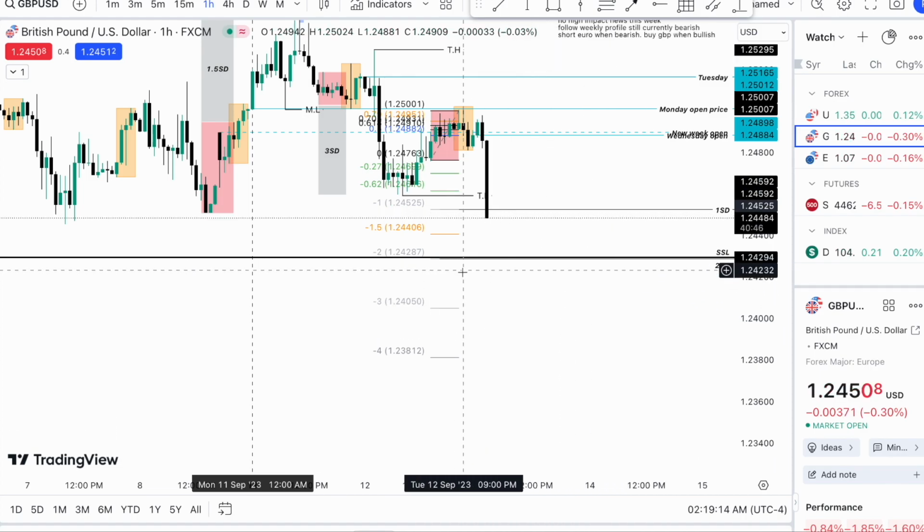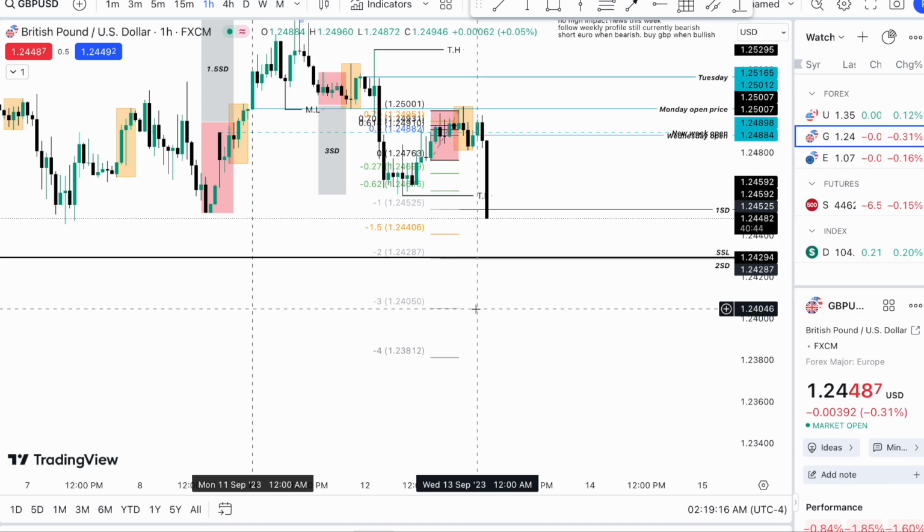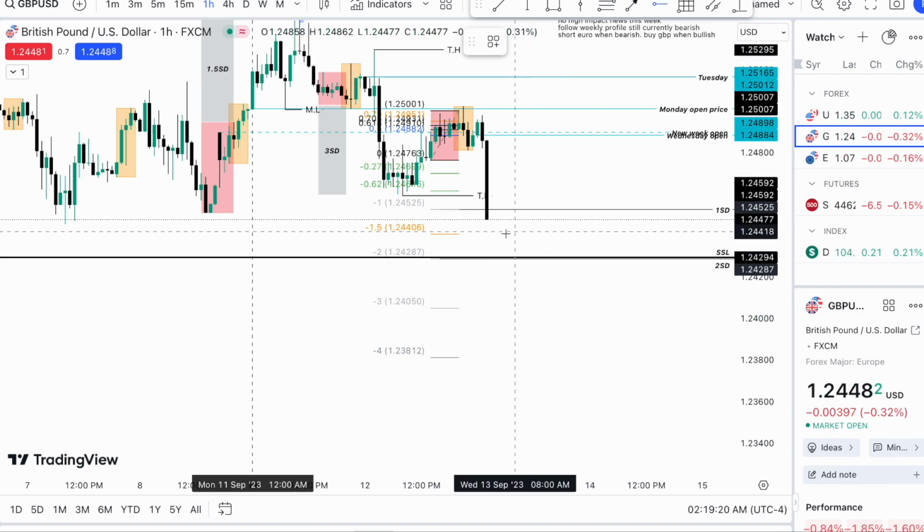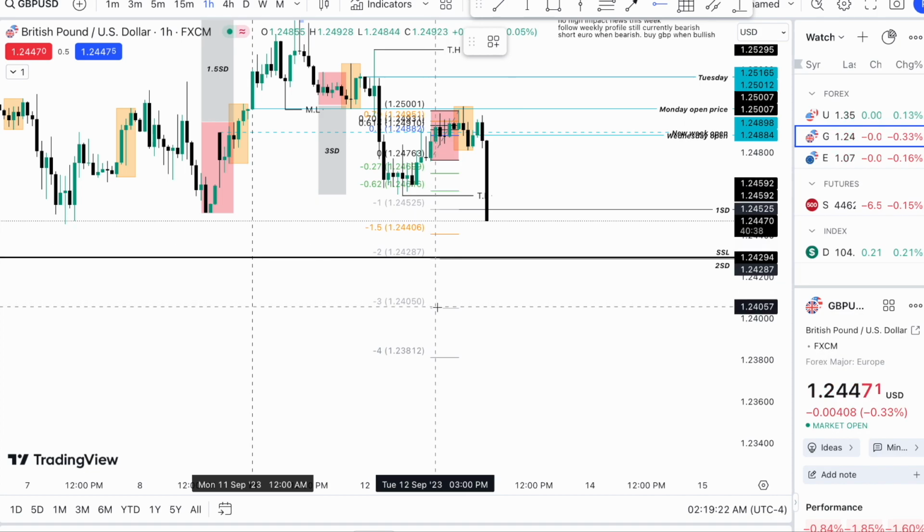And the third standard deviation, I'll just write it in one time because it can't go as low all the way down to here.